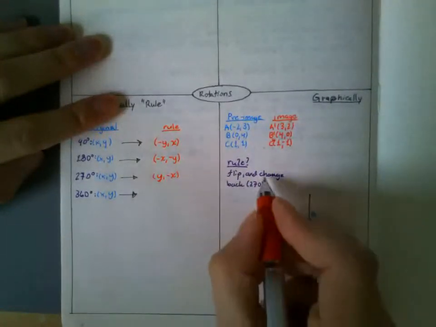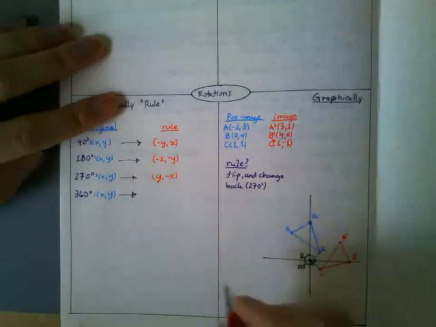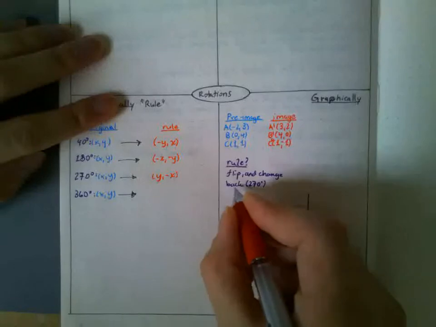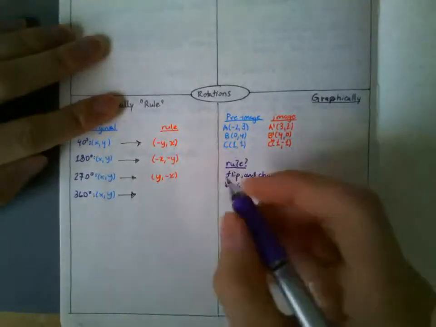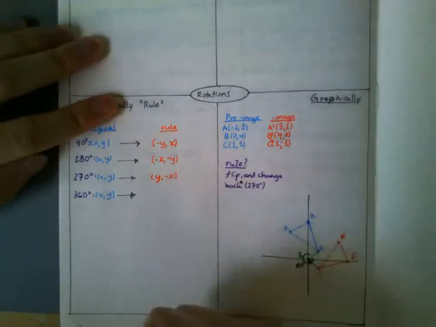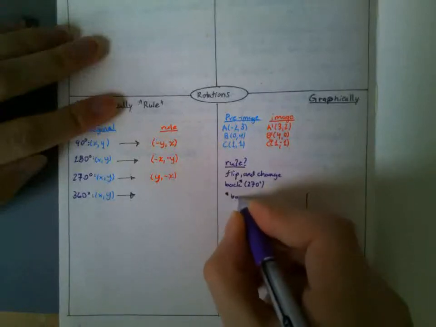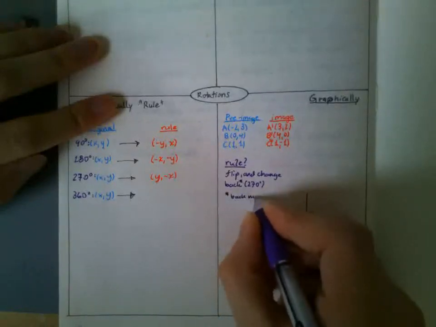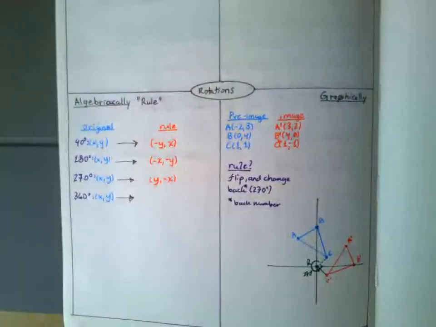Change back meaning the back number here. You might want to make an annotation of that and say, like, back number. In fact, I think I'm going to do that. I'll put an asterisk up here. And that asterisk means back number. Okay, so there we go.